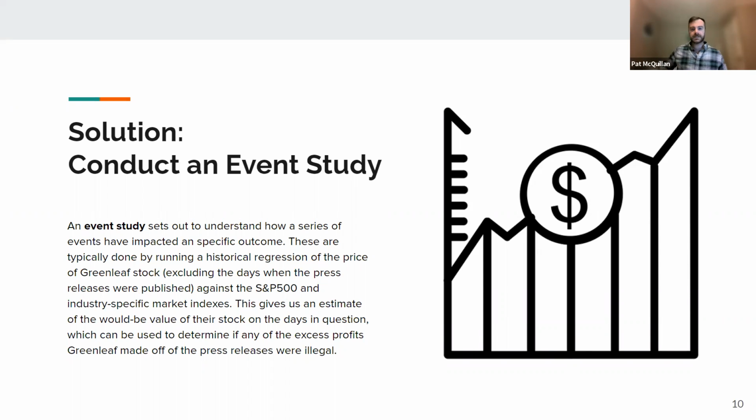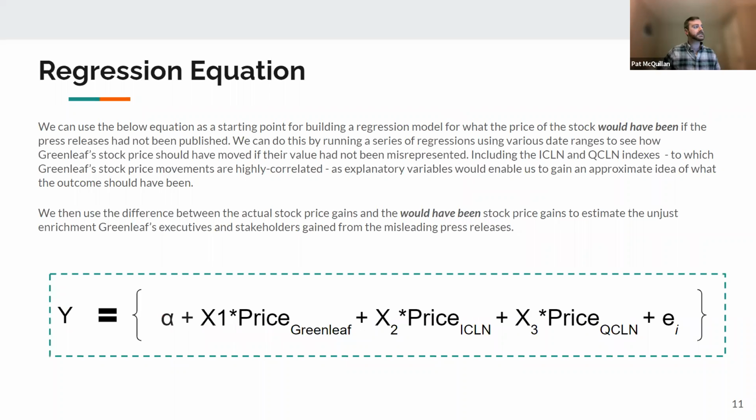This is the cool way we do it, and I almost wish I had a visual to show you. They're kind of hard to visualize, but right now we're investigating what happened from 2018 to 2019, so let's say beginning of 2018 to early 2019, when the stock value increased. We create a regression of the price of Greenleaf against the price of the two indexes.